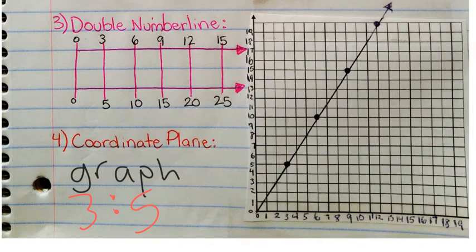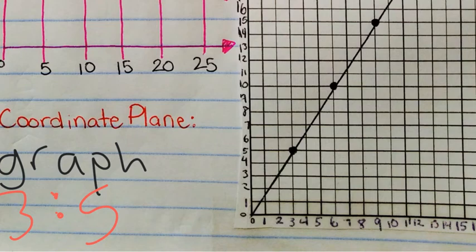And if you look closely, the coordinates for that second value are an equivalent ratio, 6 to 10. Okay, our next value, the coordinates are at 9 and 15. So our next equivalent ratio is 9 to 15.